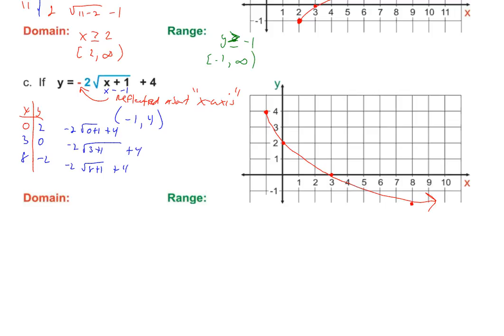Probably this, reflected about y equal 4 would be the better way to say it. Those of you that understand y equals 4 is this line right there. Because again, we're shifted up 4. That up shift does that.